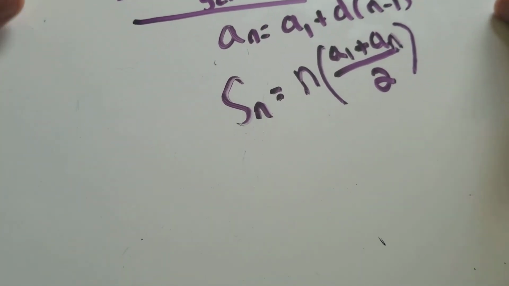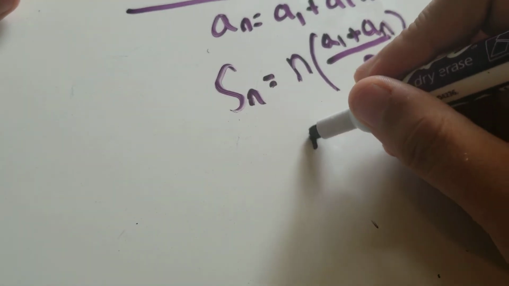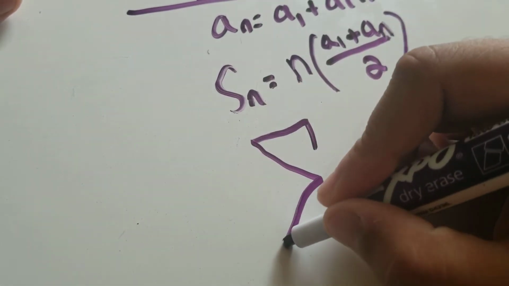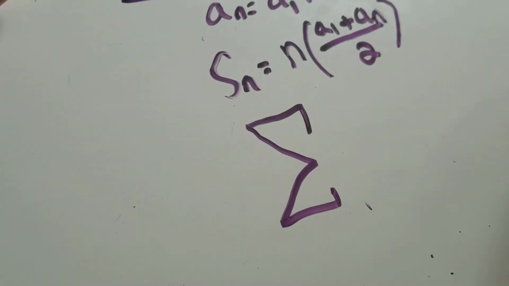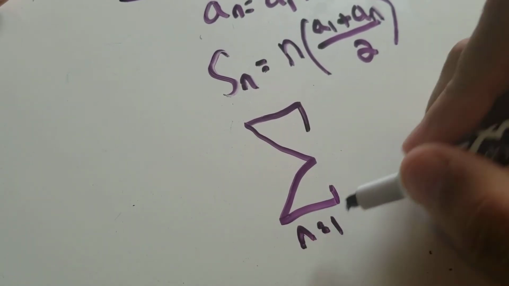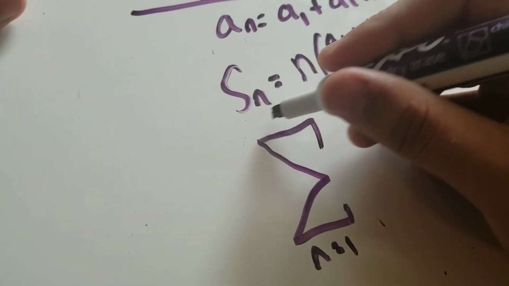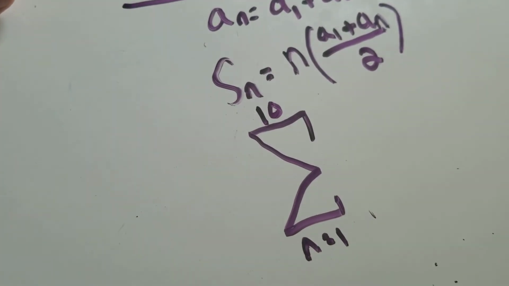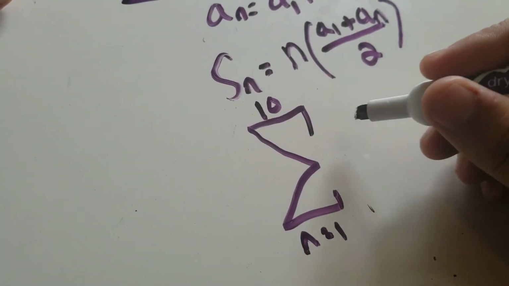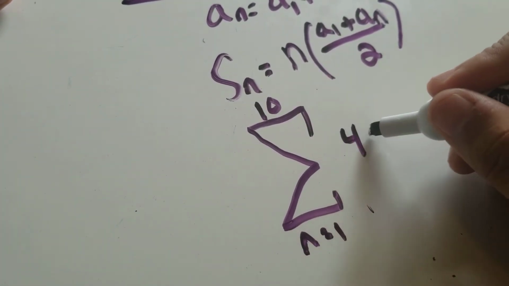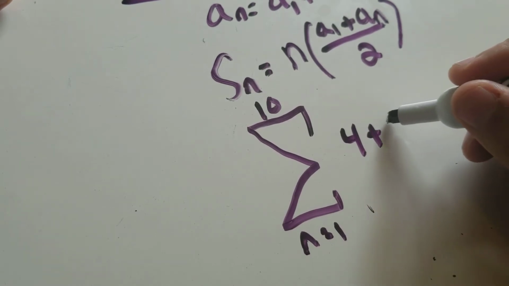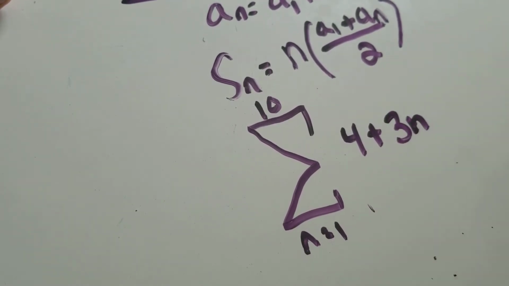So let's see what our questions are going to look like. We're going to have a sigma, from n equals 1 to, let's not use such a big number, let's use 10 today. And it's 4 plus 3n. Okay?